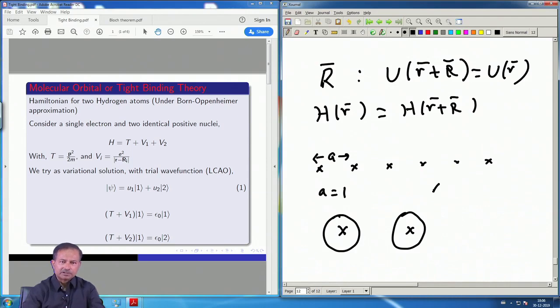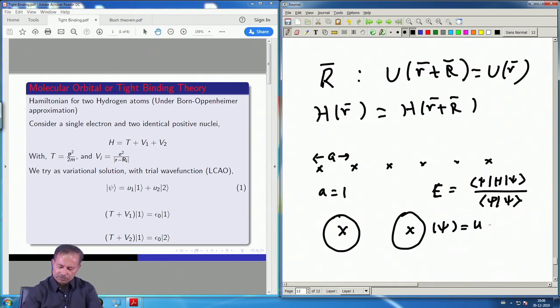It is called a variational way to calculate the best possible solution, the lowest energy solution. So, E was psi H psi divided by psi psi, and psi was chosen to be u1 phi1 plus u2 phi2. Okay.